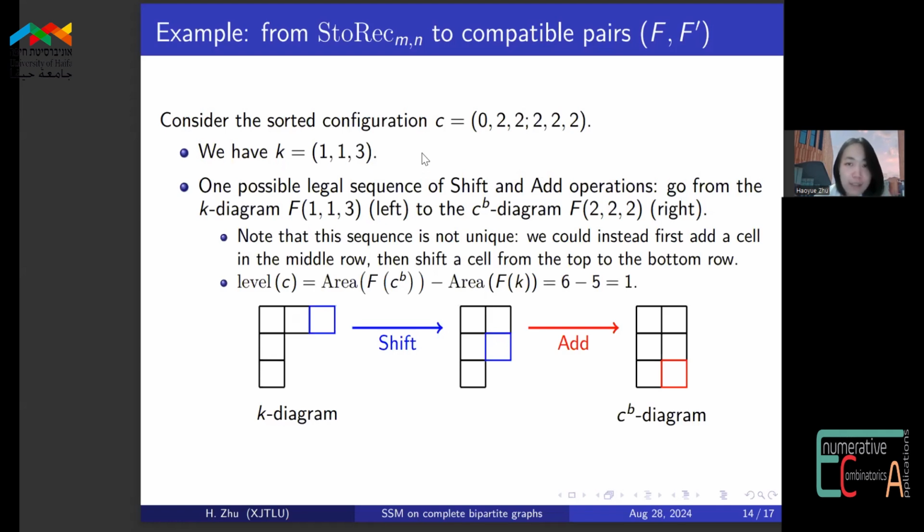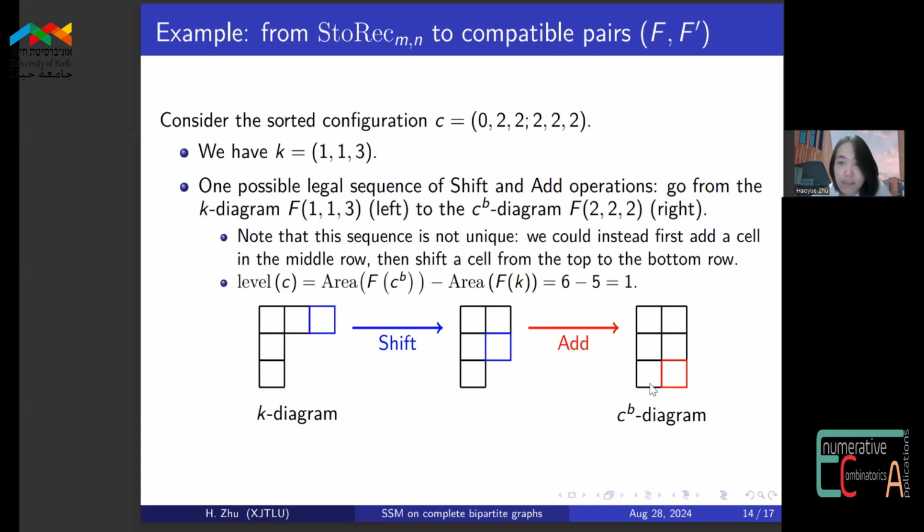And then we use our legal sequence of the shift and add operations. We first have the key diagram with 1, 1, 3. Then we shift the cell in the top row to the middle row, and we get this new diagram. Then we use the add operation to add the new cell on the right side of the bottom row, and we get the corresponding CB diagram.